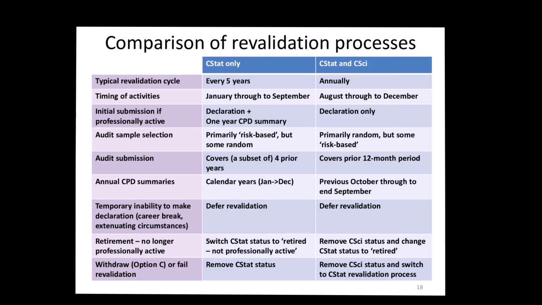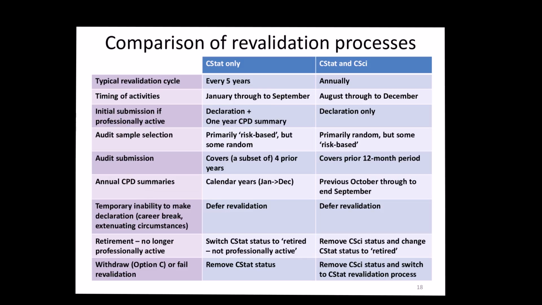The audit sample selection for the CStat process is primarily risk-based, whereas the CSci process is primarily random. And I can explain why that's the case later on if needed. The audit submissions for the CStat process may cover up to 4 years, whereas the CSci process covers only the prior 12 months period, because it is an annual process.